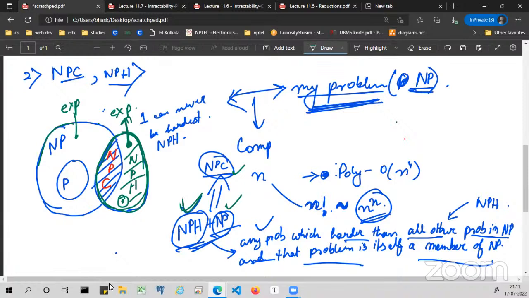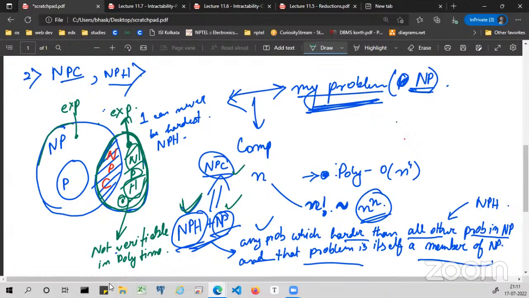Definition of NP was you can verify in polynomial time, right? But if I am not intersecting these parts with NP, that means these problems are not verifiable in polynomial time. NP was at least verifiable in polynomial time, although it took exponential time to solve.